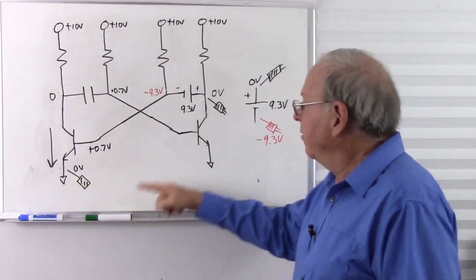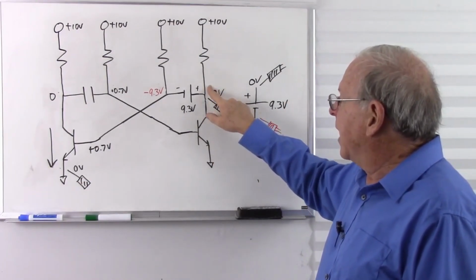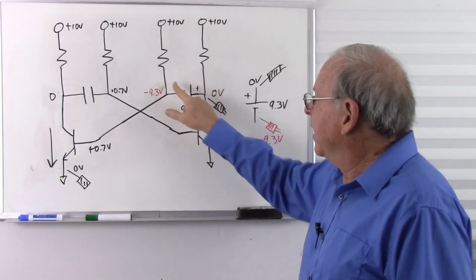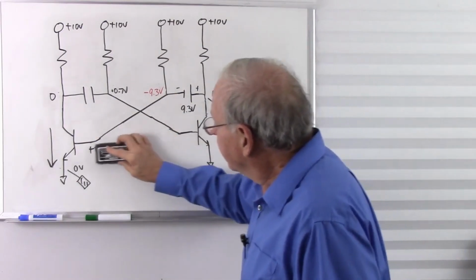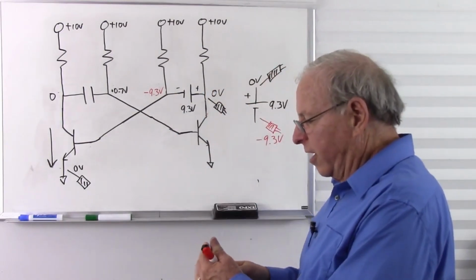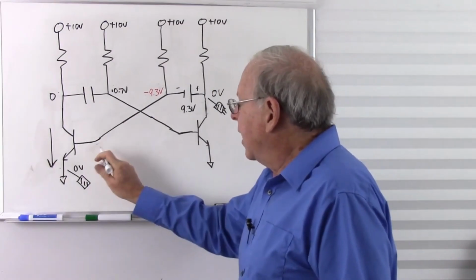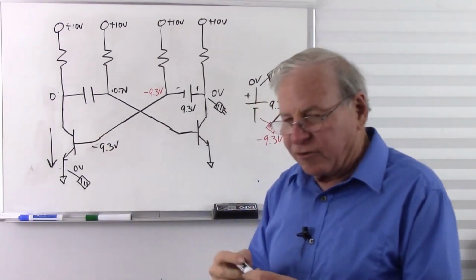So the black lead is here. Consequently, it's at the same voltage as we have here. So there's my black lead. I have a 9 volt battery, positive to negative. It's going to be negative 9.3 volts. So at the moment this transistor turns on, I'm going to get minus 9.3 volts at the base of that transistor.